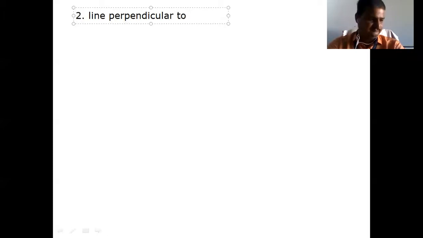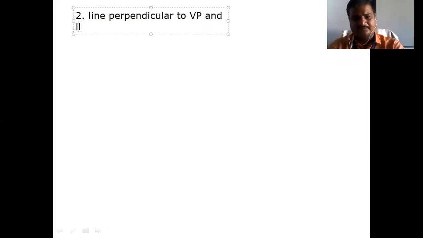Second type or second position of the line is line perpendicular to VP and parallel to HP.